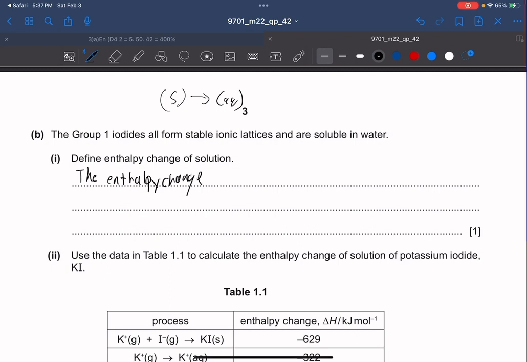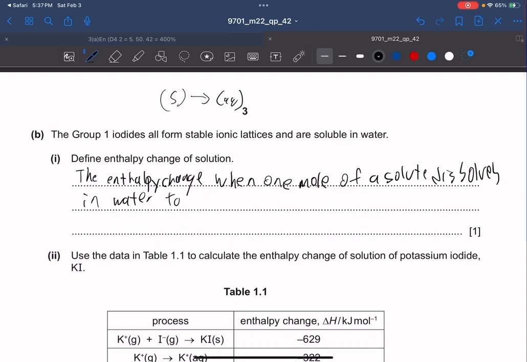when 1 mole of a solute dissolves. Again, it's dissolving in water because it has to be aqueous. Aqueous means in water.